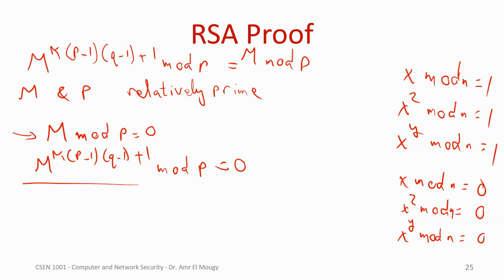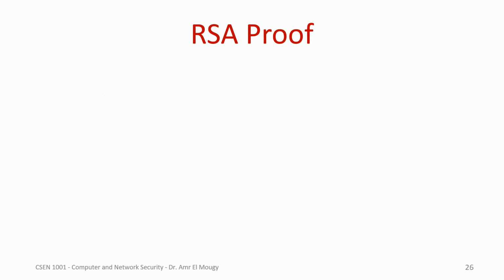This is in the case that m and p are not relatively prime. Now we do the case that m and p are relatively prime. That means that p does not divide m.